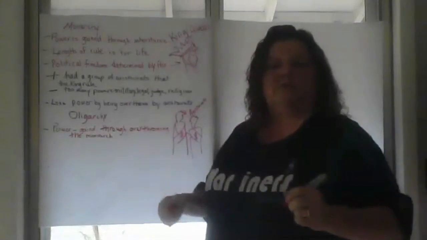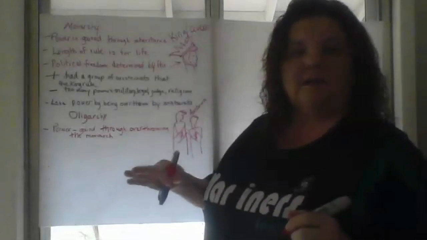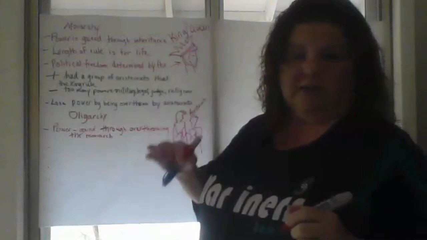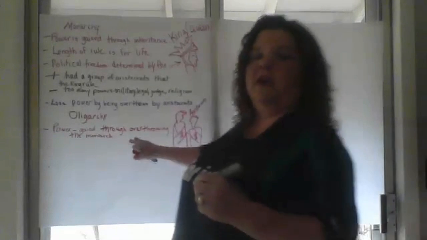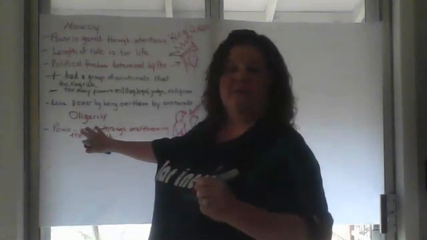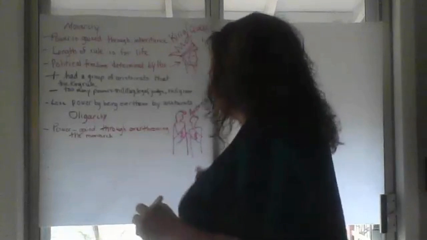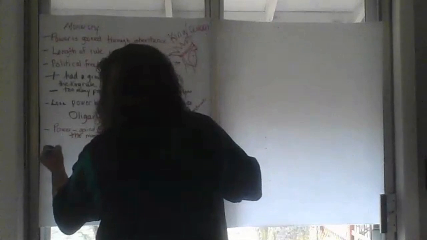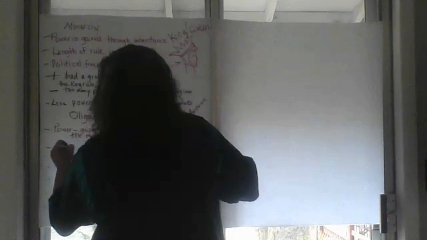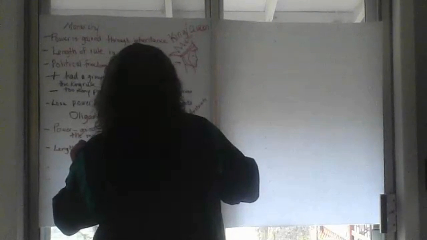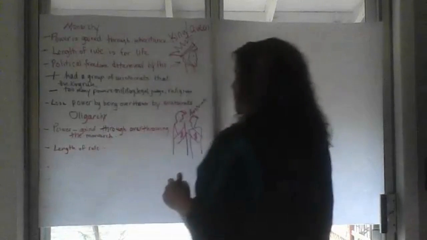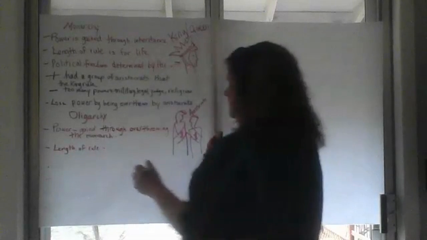Okay, so say aristocrats. Aristocrats. Starts with an A. They ruled in an oligarchy type of government. Say oligarchy again. Oligarchy. Good. So the length of rule, basically, the oligarchy ruled until the people rebelled.